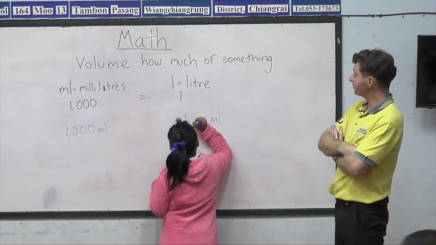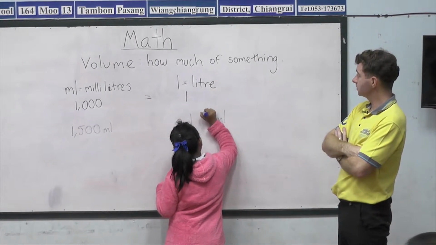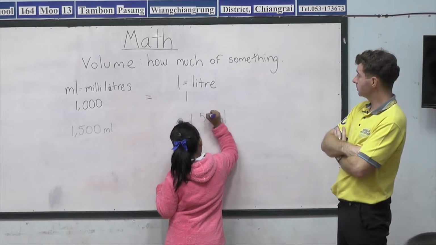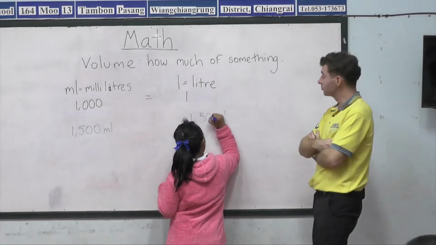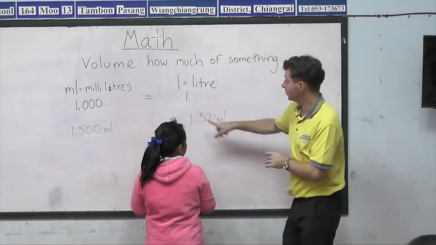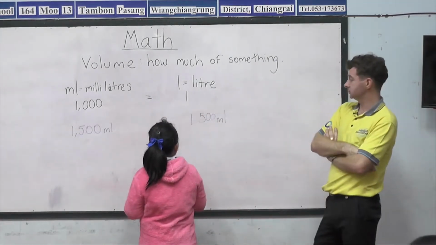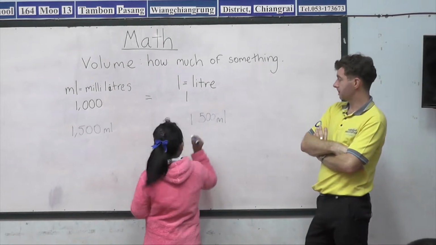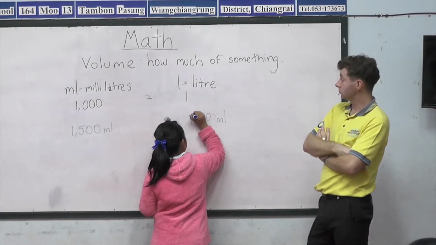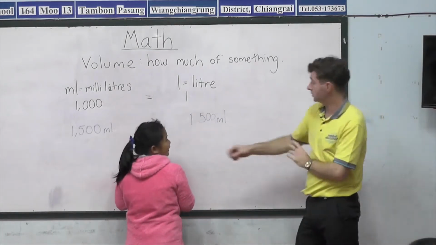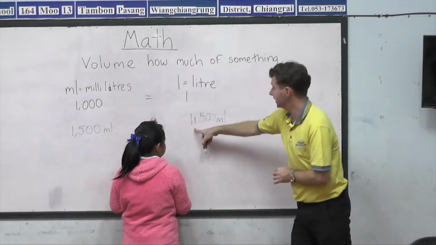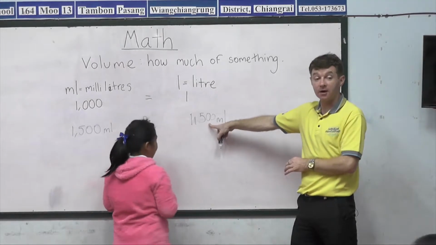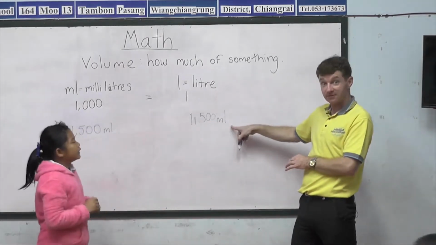So 1,500. Excellent, 500 milliliters, but how many liters? 1. Okay, you can change the L to the 1 and then, so 1 liter, 500 milliliters.